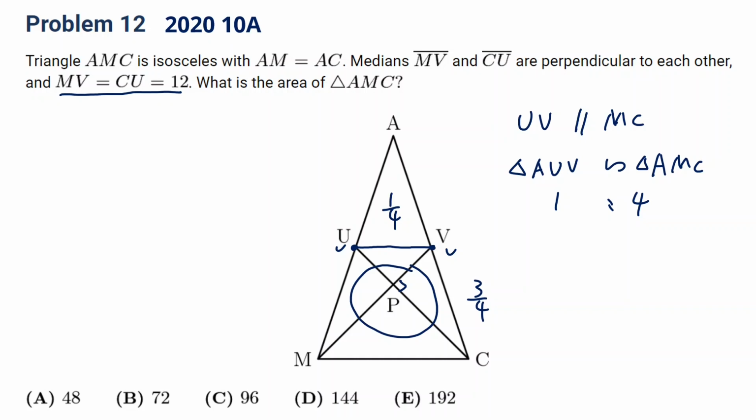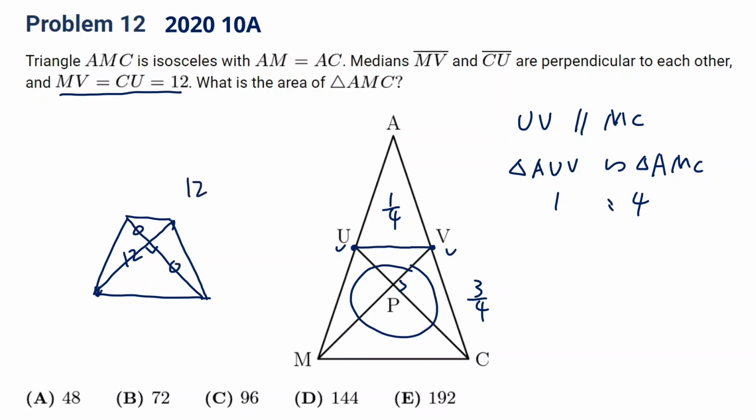And the bottom part is a trapezoid with two perpendicular diagonals. So we can calculate the total area: this line is 12, and these two added together are also 12.